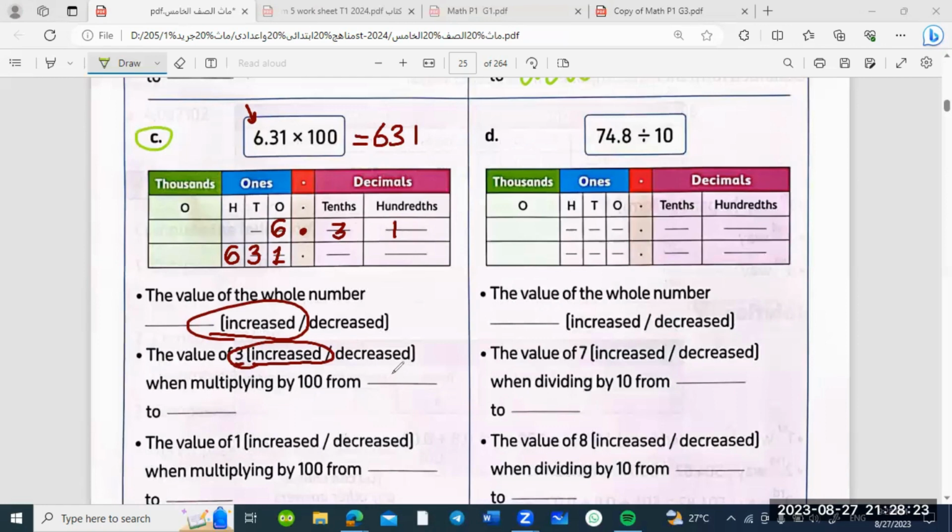From 0.3 to 30. Excellent. And the value of 1, increased or decreased? Increased. It was 1 and it became what? From 0.01 to 1. Excellent.